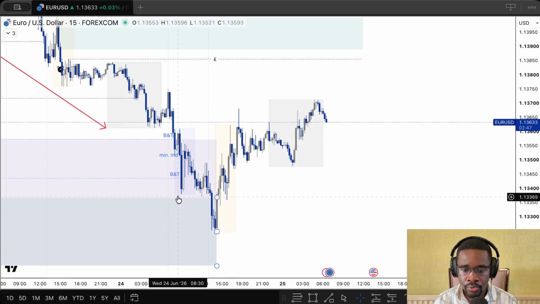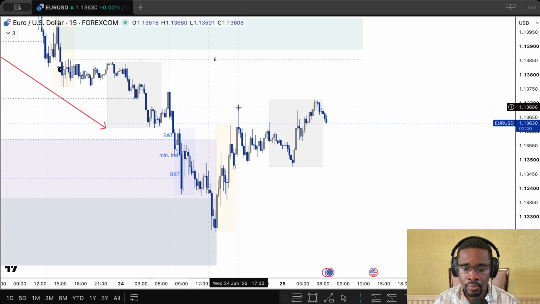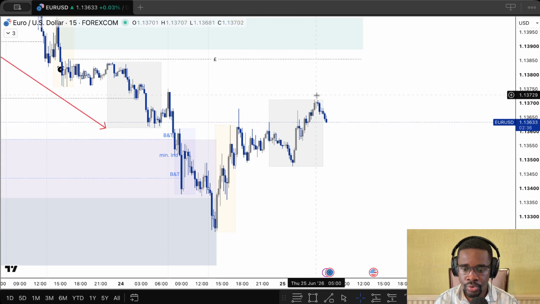Price pushed lower, so we had lower high, lower low, lower high, lower low, and then internally we've broken to the upside, and then we've continued to the upside.